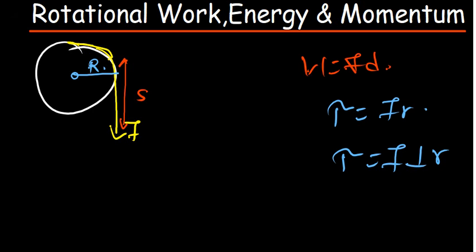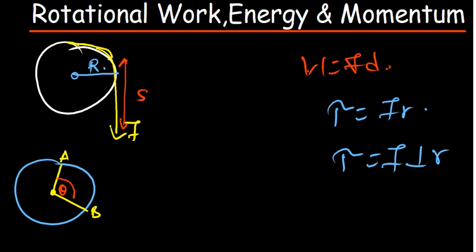Okay, now another thing which you have to remember is that if I've got an object, then it is going to start moving from this point all the way to this point. Let's call this point A, this point B. So this is going to be theta.